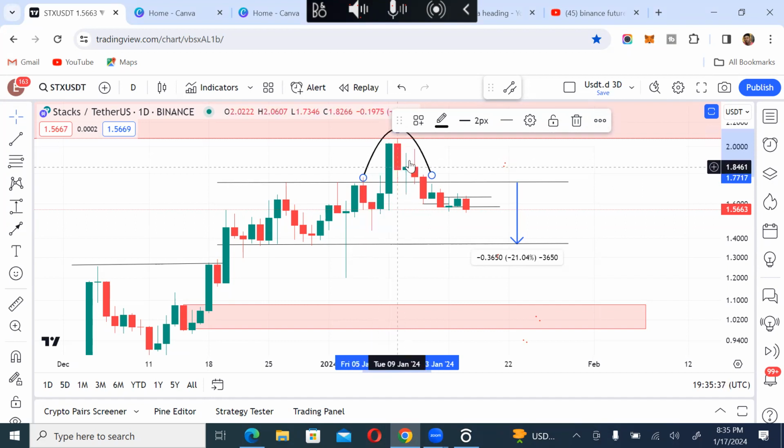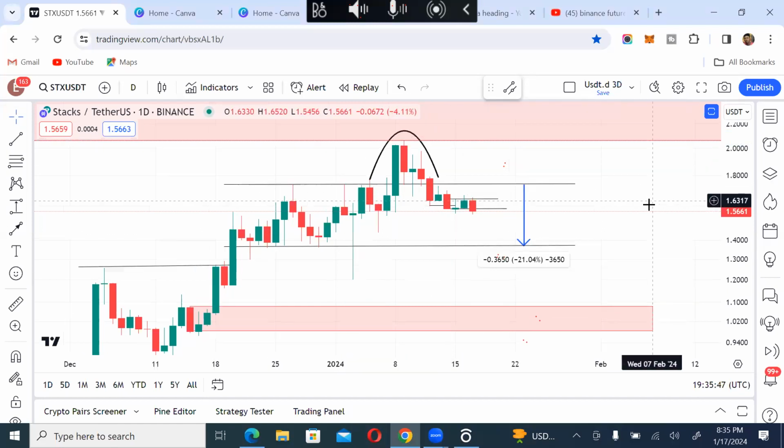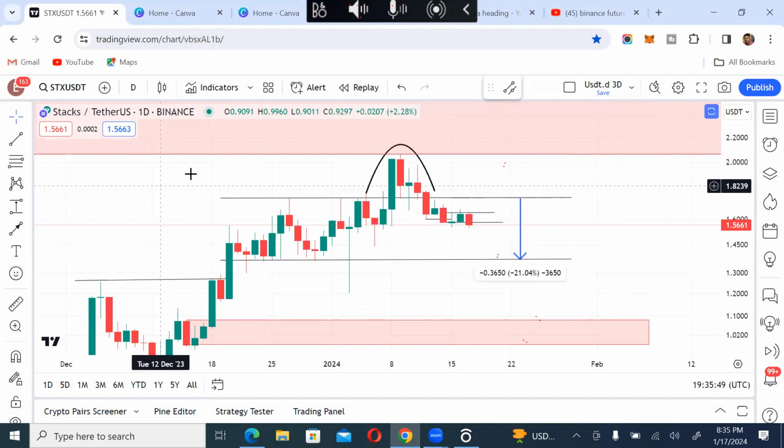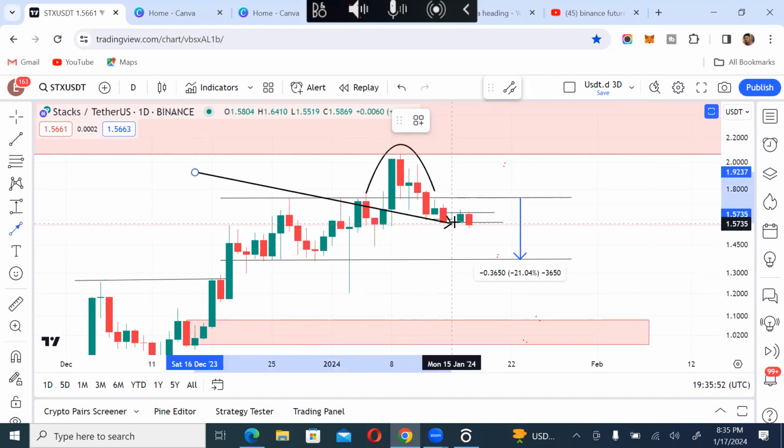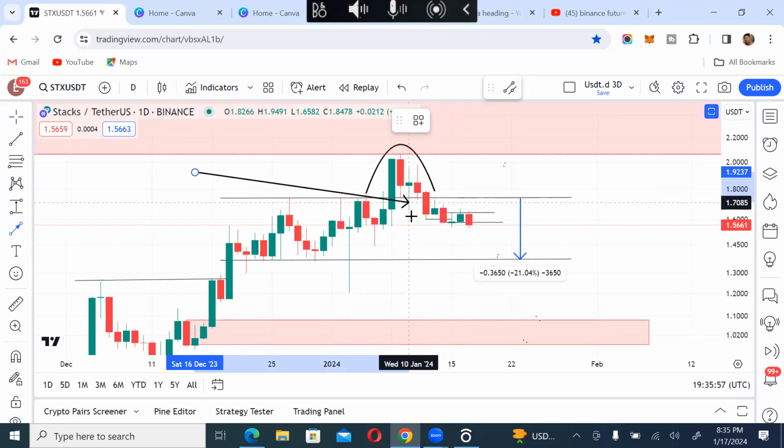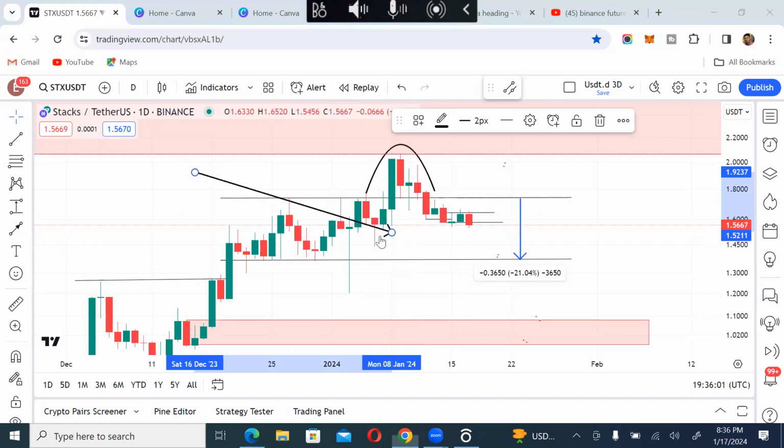And you can see how it went back to mitigate this other block from the extreme higher time frame. So when this fake out comes back into this range, this is where we'll now be thinking of trading from. This is going to be our concern now. So everything here is what we're going to be dealing with.